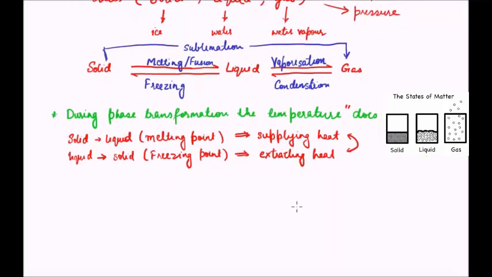Now let us see what is the change in volume when melting takes place. Okay, during melting most of the material expands. So when a material is changing phase from solid to liquid, most of them expand. The rare exception being water. Water is one of the few substances which contracts on melting.